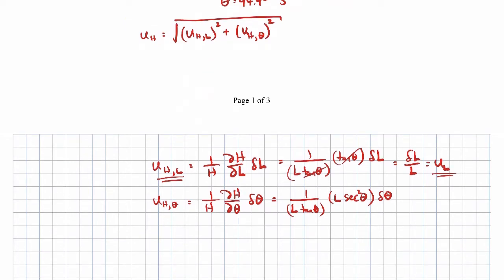So when we look at this, you'll see the L's cancel out. And then if I expand out, like I said, secant squared is 1 over cosine squared theta. And tangent, of course, is sine theta over cosine theta.